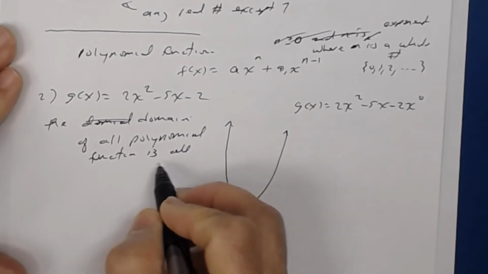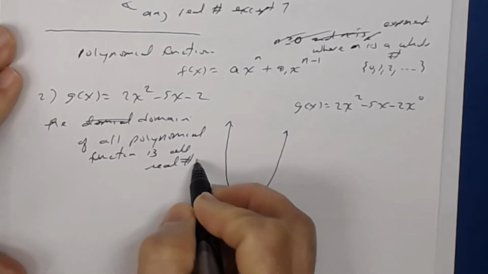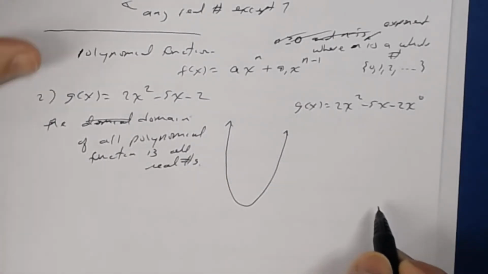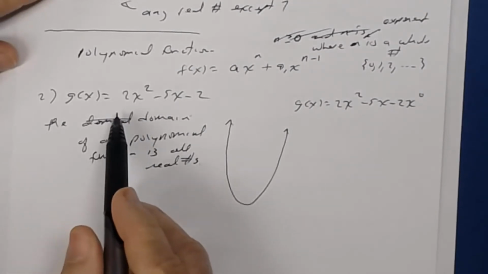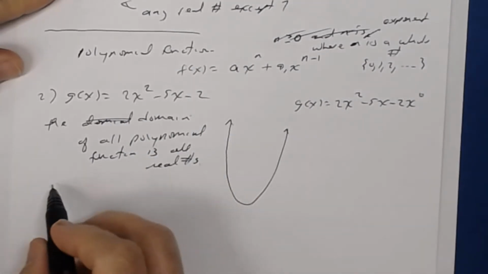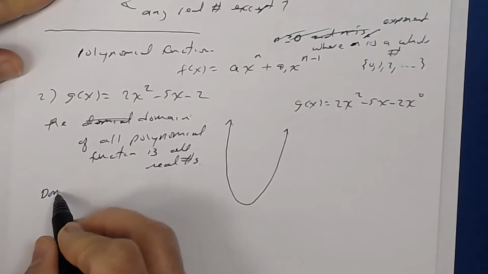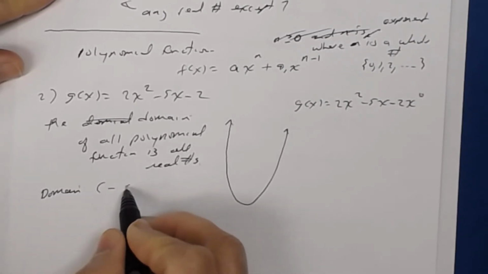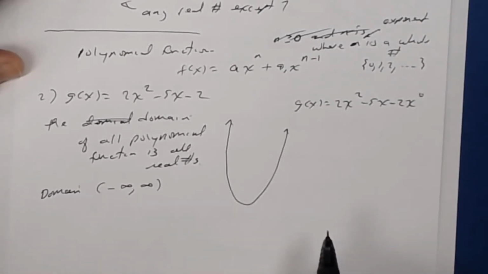Okay? And so since this is a quadratic function, it's a polynomial function, I'm just going to say the domain in interval notation is negative infinity to infinity.